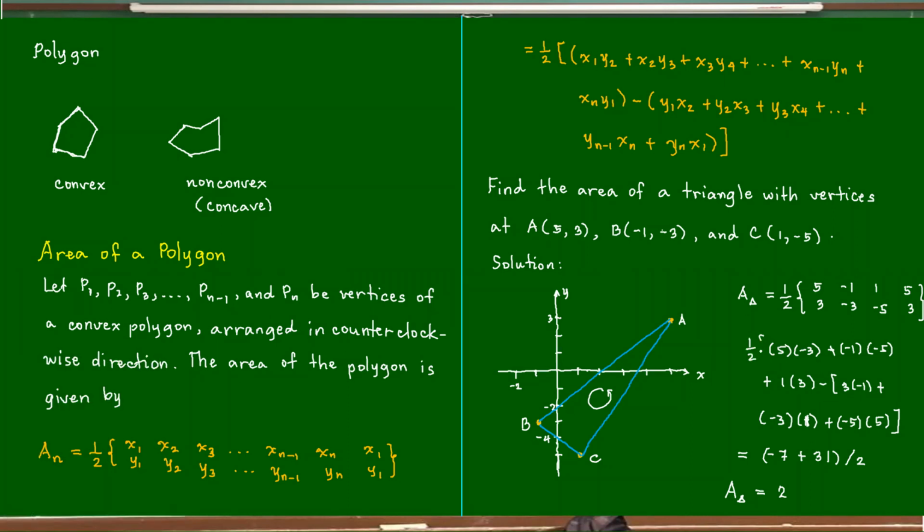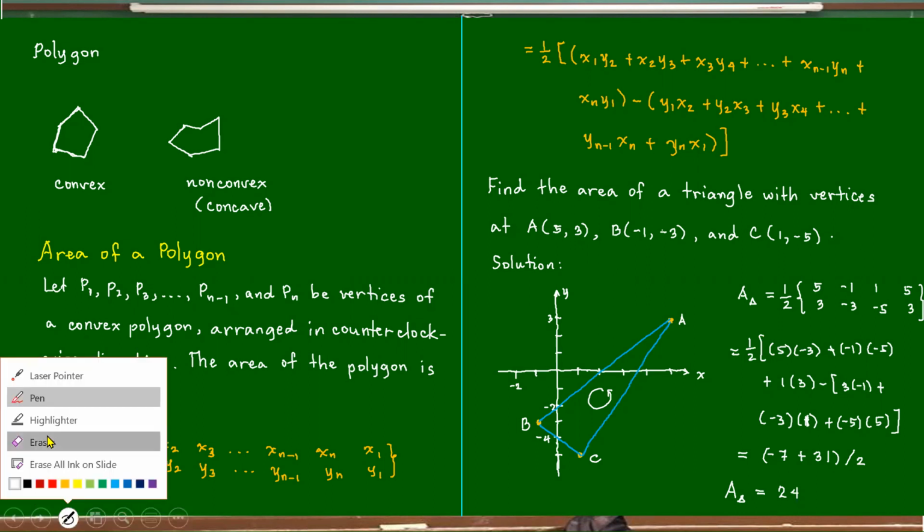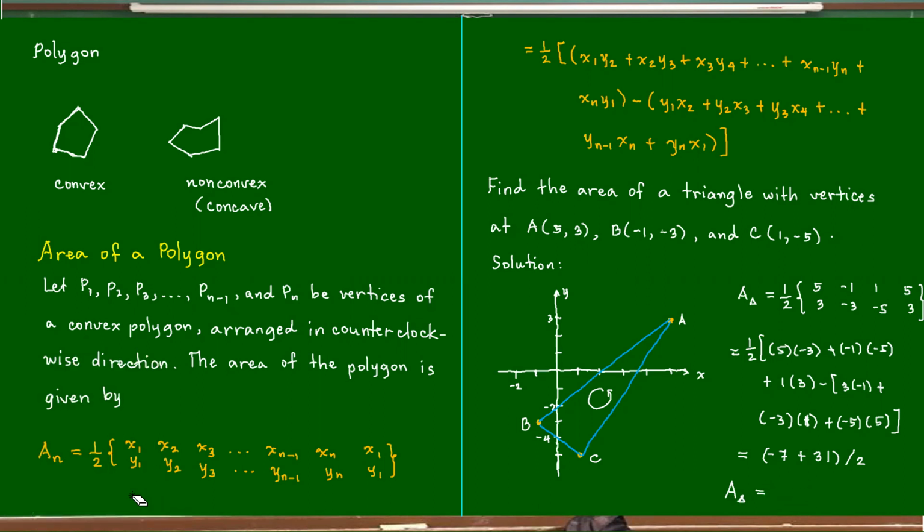One-half of, so it is 24 divided by 2, so that is 12. What is the unit, children? Guys, 12 square units. Am I right? Because this is area. Is this clear, children? Yes, sir.